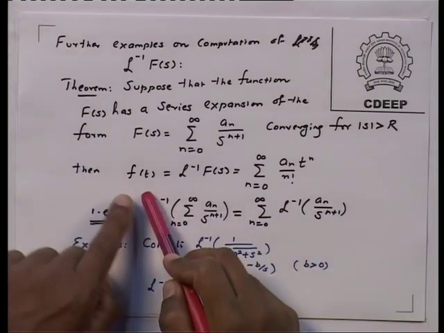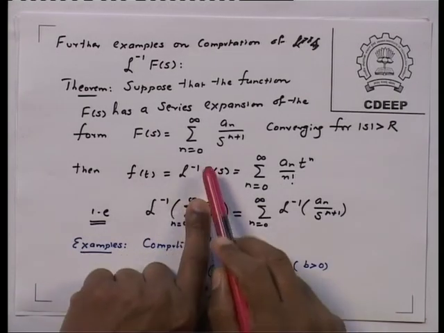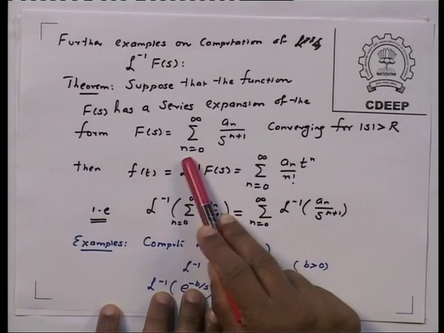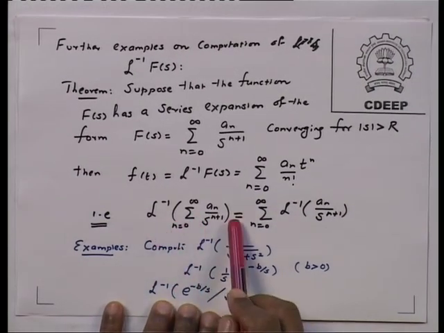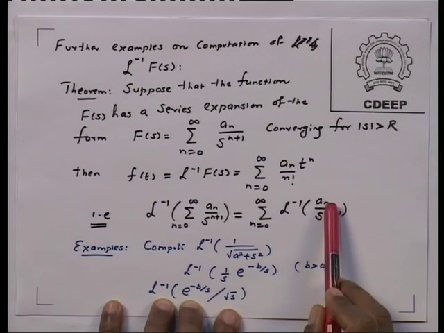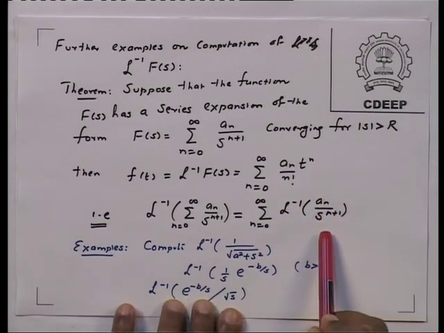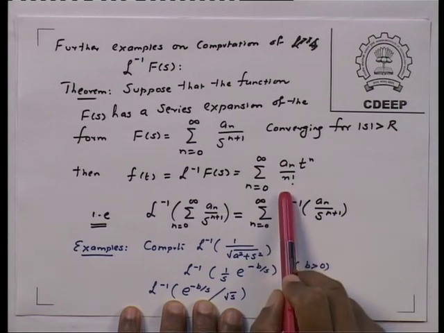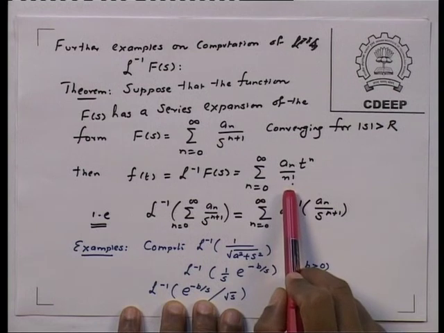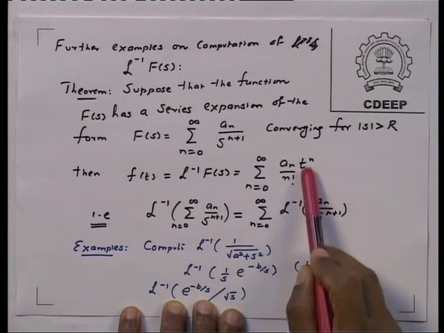Then the original function can be recovered by taking term by term inverse Laplace transform. That is, you apply the Laplace inverse operator inside the summation sign. And what is the Laplace inverse of a n upon s to the power n plus 1? A n comes out and n factorial, which is gamma n plus 1, remember. So the Laplace transform of this is this.